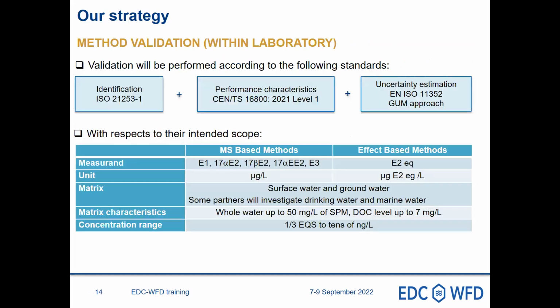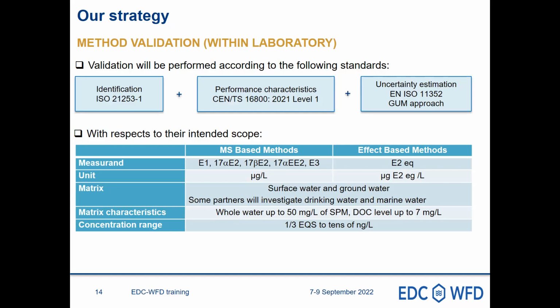So our strategy for method validation: we are at the within-laboratory level, so the first level of the CEN standard. What references have we implemented? We have followed ISO 22531 for the identification as a first pillar. We have determined the performance characteristics of our method according to CEN/TS 17800.